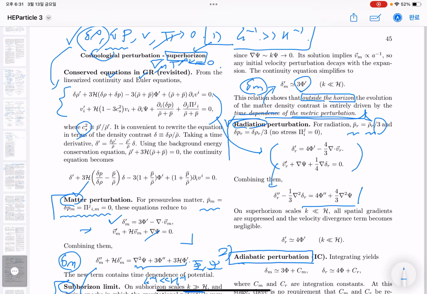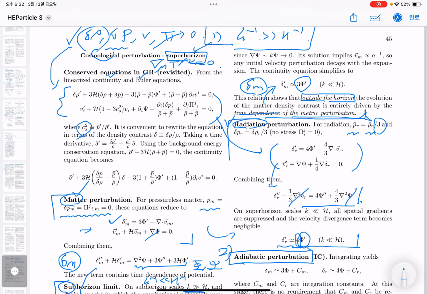And if we impose the superhorizon limit, then all the gradient terms can be dropped. Then the remaining term is that the radiation perturbation is also determined by the time derivative of the metric perturbation, or scalar potential capital Phi, but the difference is just the coefficient, which changes its value compared to the matter perturbation.